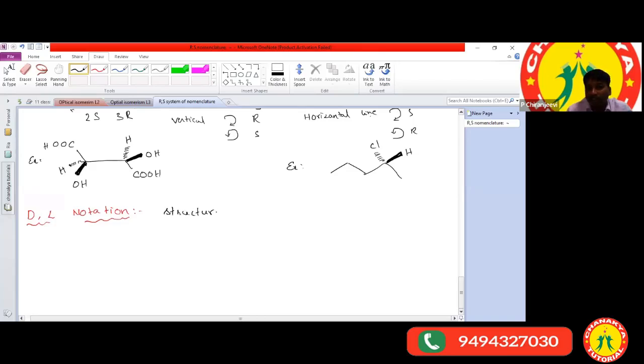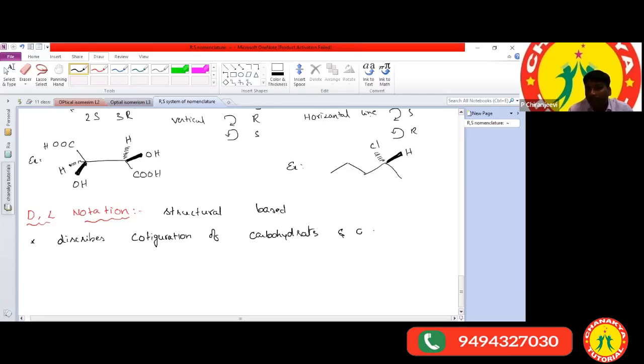Structural based. So what is the main importance of the DL notation? DL notations describe the configuration of carbohydrates and amino acids.